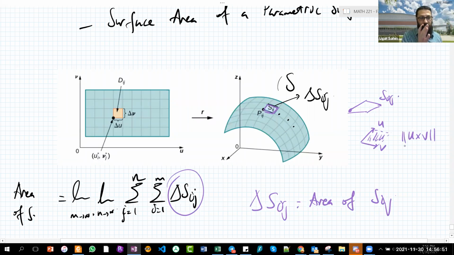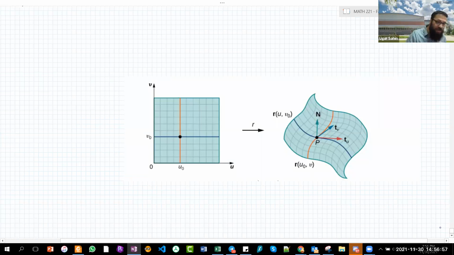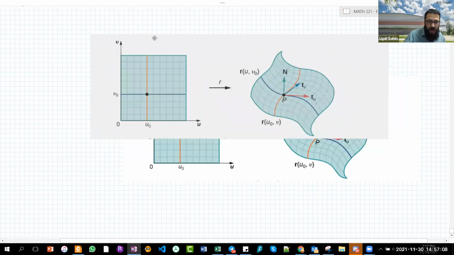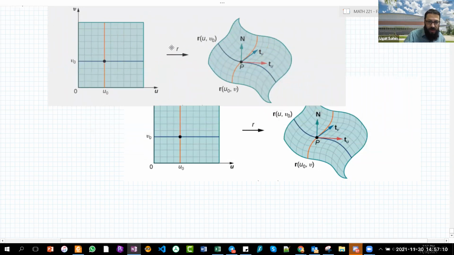That was the formula we used. Now look at this shape, guys. To calculate the parallelogram area of that Sij, I need two vectors. How am I going to find those two vectors?